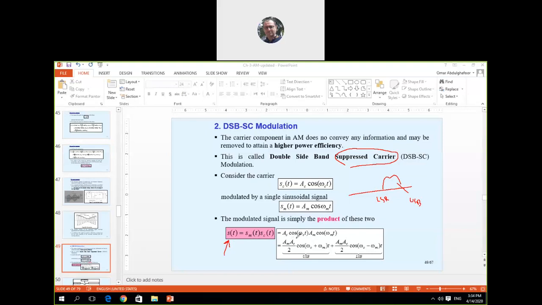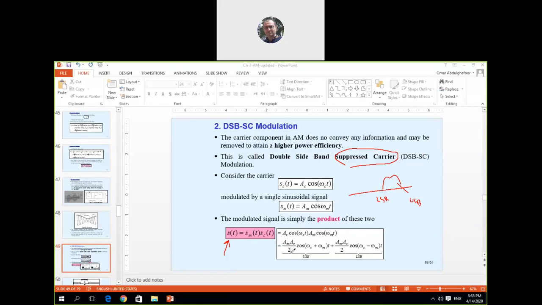You can now see cosine omega C, which is the carrier frequency, and cosine omega M, which is the frequency of the message. And from the relation, cosine times cosine will be half cosine plus and cosine minus. So we have A sub C A sub M divided by 2.